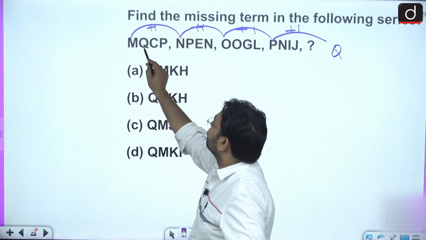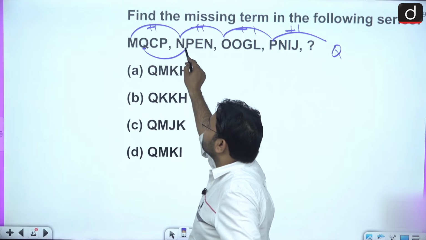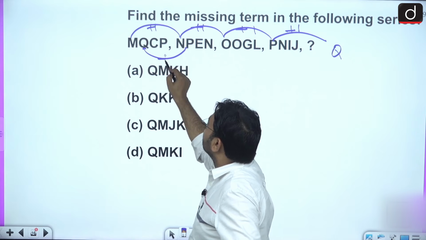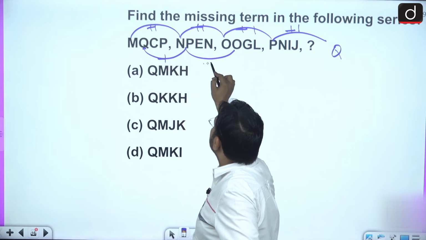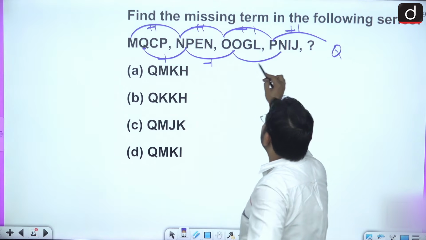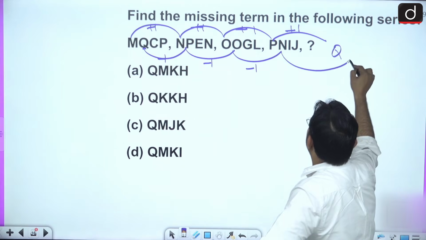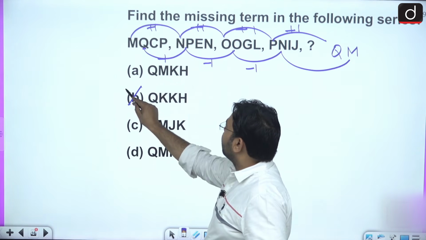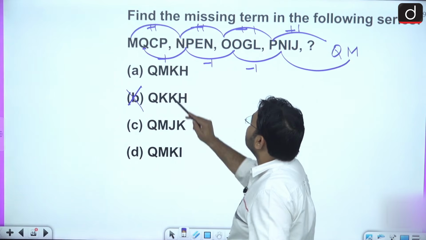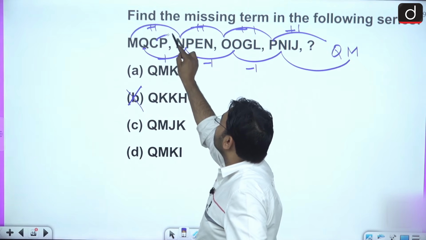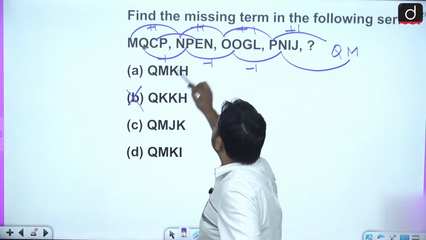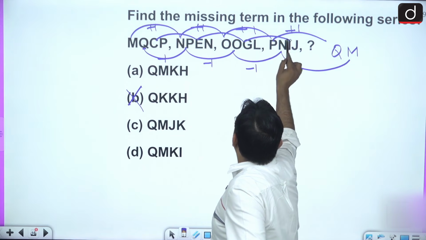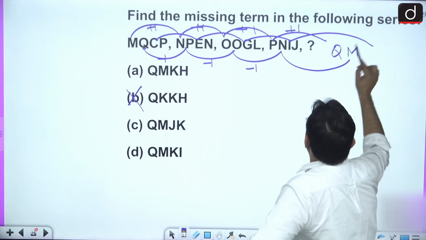Now this is Q. Q minus 1, P minus 1, O minus 1, so N minus 1. So QM. Then C plus 2, then plus 2, I plus 2.